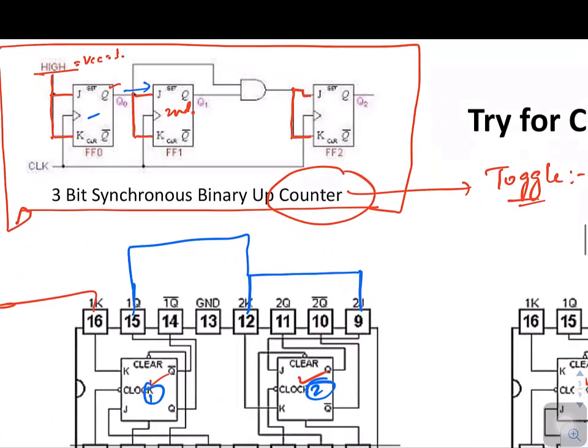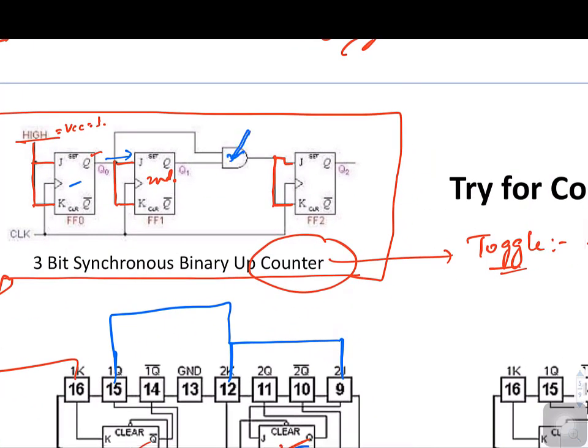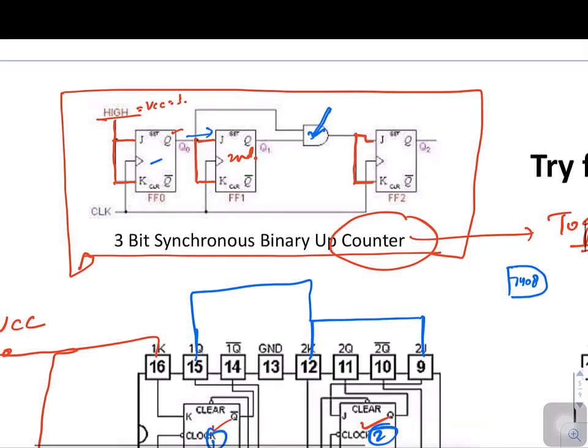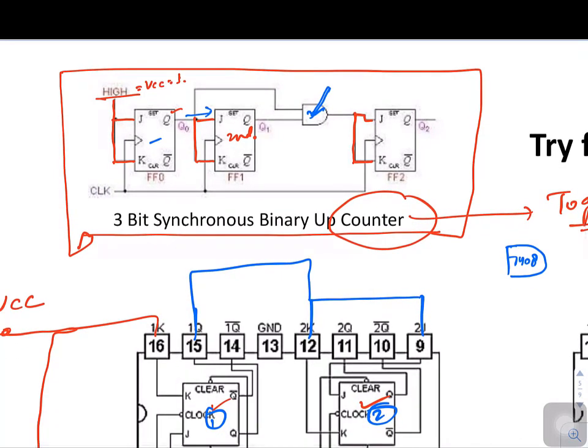Similarly, if we look at this AND gate, I will represent the AND gate like this only, but in the practical you have to replace it with IC 7408. What are the 2 inputs that I should give? The first input is coming from Q0 and the second input is coming from Q1.